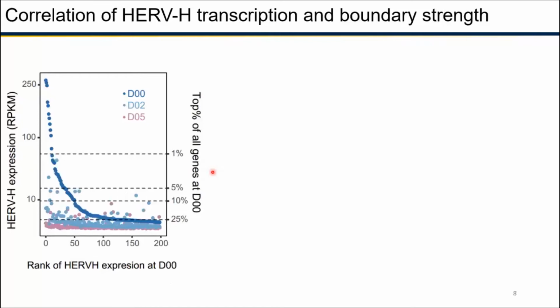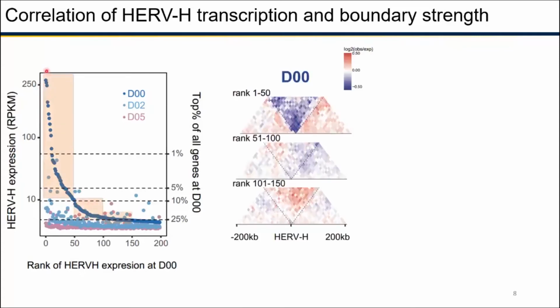Genome-wide, among the 1,000 copies of HERV-H, only a few of them are really highly expressed in the human ES cell and other pluripotent stem cells. We found that only the top 50 highly transcribed HERV-Hs are forming TAD boundaries.